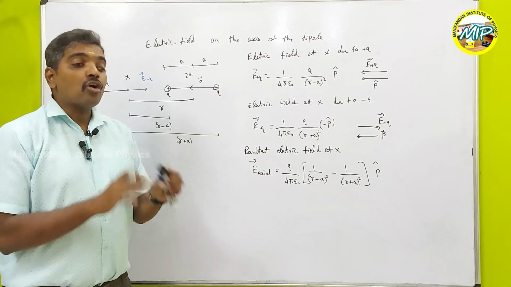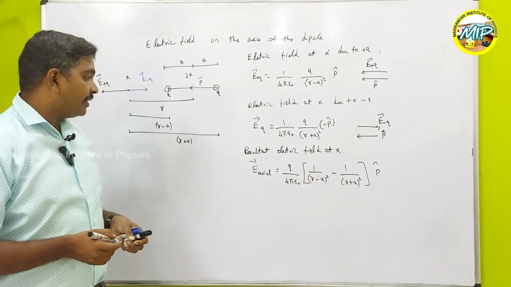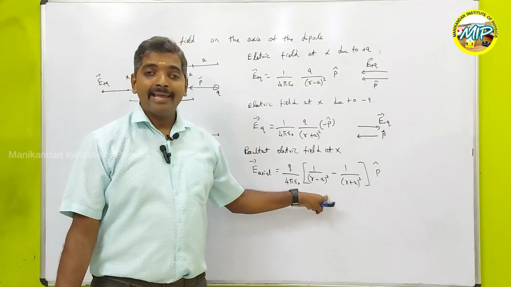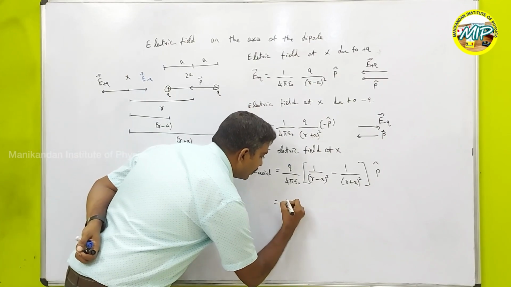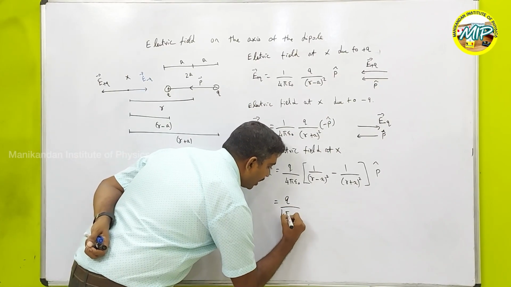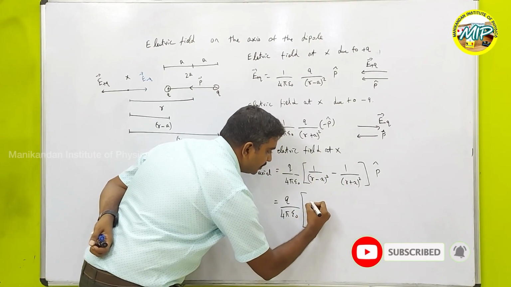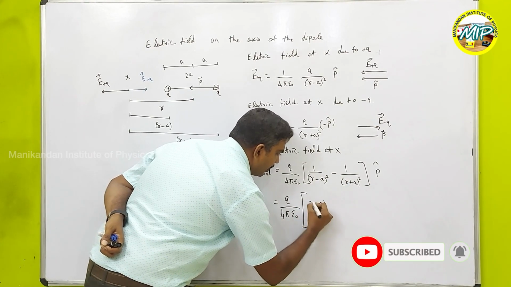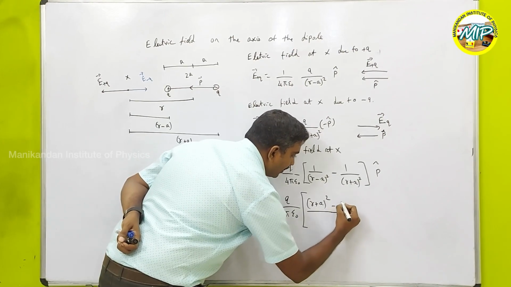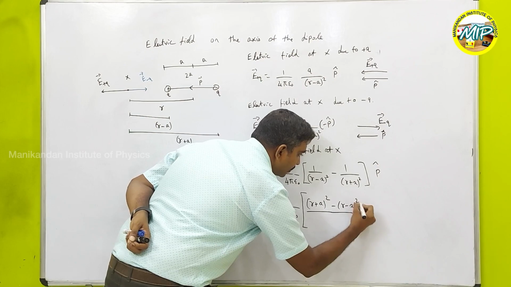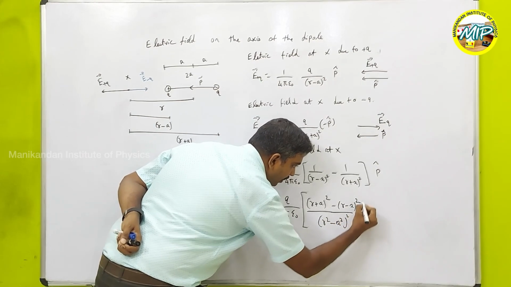The thing is, I need a compact equation. Okay, so I need a compact equation. I'm going to expand this term. So I can simply write here q by 4 pi epsilon naught, if I cross multiply these two, (r plus a) the whole square minus (r minus a) the whole square, over (r square minus a square) the whole square.